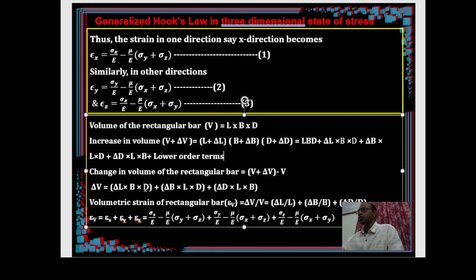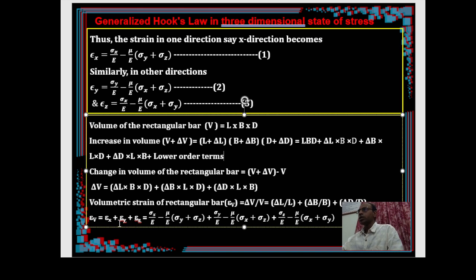Your equation turns out to be, because this BD gets cancelled here, delta L by L, and here delta B by B, and delta D by D. Thereby you will refer to this delta L by L as your epsilon x, because change in the length by original length can be treated as, this is the x direction, right? So strain in x direction, strain in y direction, strain in z direction, that we have calculated earlier, epsilon x, epsilon y, and epsilon z. So these terms will be coming here, right?